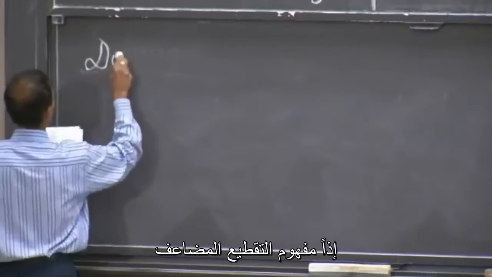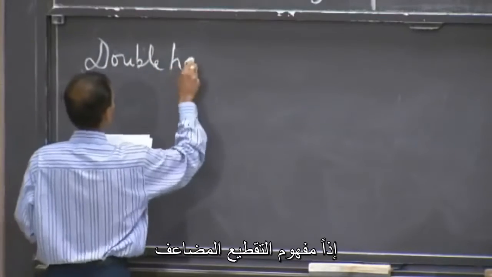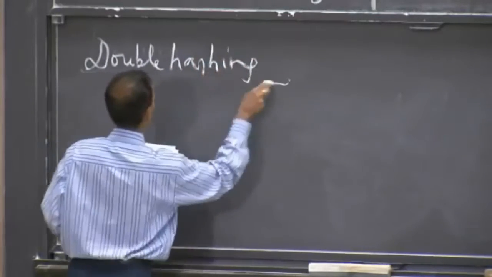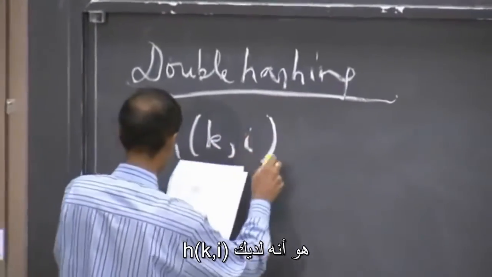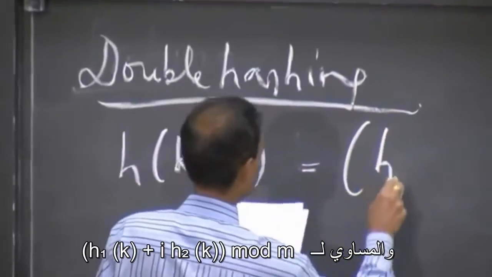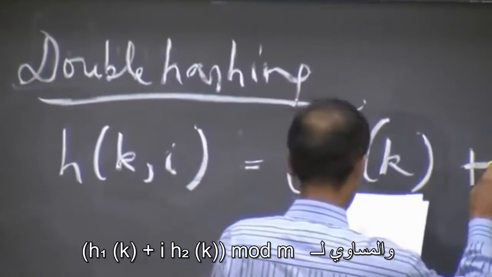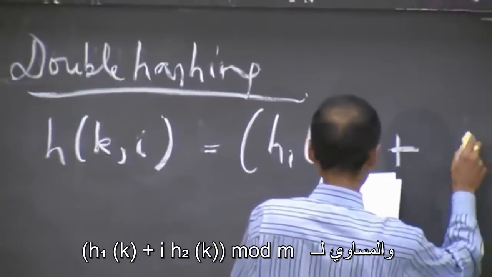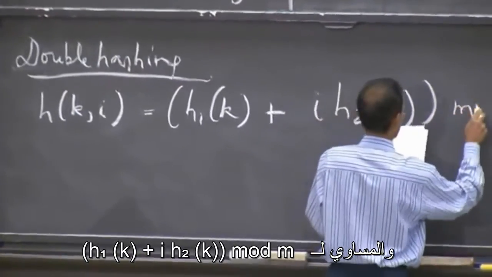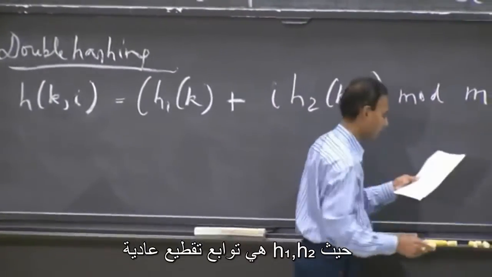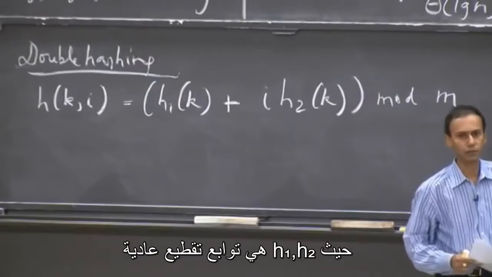And so the notion of double hashing is that you have h(k, i) equals h1(k) plus i times h2(k), mod m, and h1 and h2 are just ordinary hash functions. Okay?